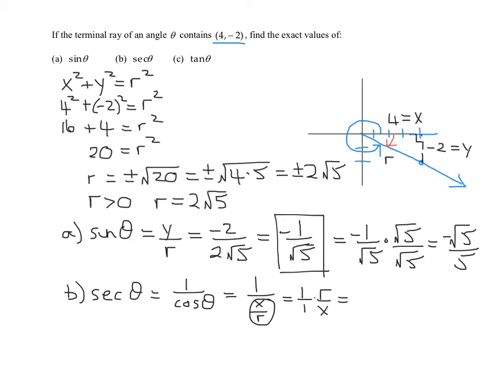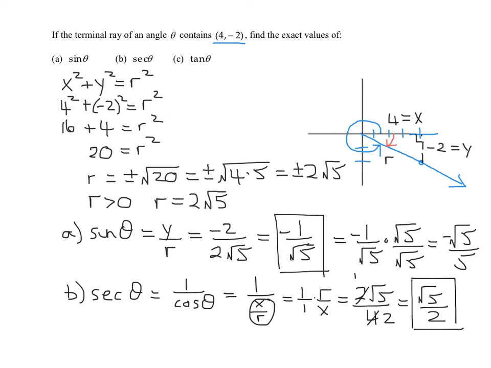So it's just r over x. What was r? r was 2 times the square root of 5, over x, which was 4. The 2's reduce. 2 goes into here once, 2 goes into here twice. So it's the square root of 5 over 2. So that is the secant of theta.